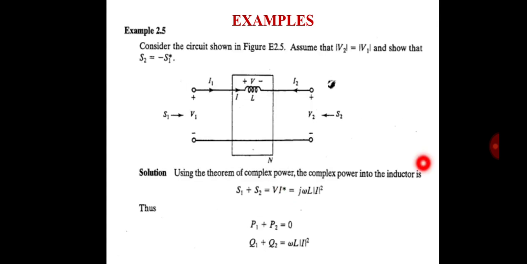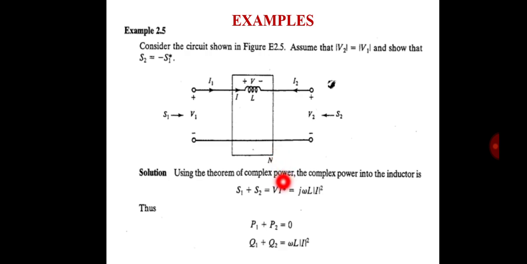Now the next example: consider the circuit shown in the diagram. Assume that V2 is equal to V1 and that S2 is equal to minus S1 conjugate. In the given circuit there are sources S1 and S2 and an inductor. Now using the complex conjugated power theorem, S1 plus S2 is equal to V into I conjugate, so the equation becomes j omega L into I square.